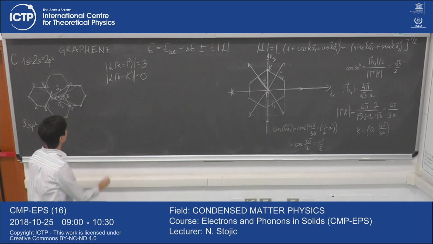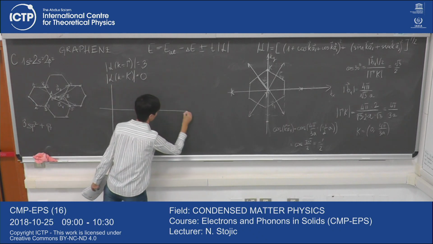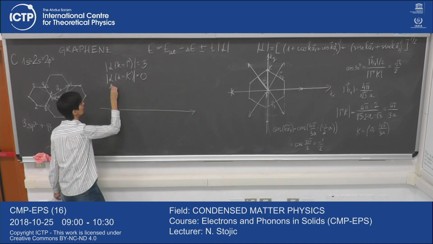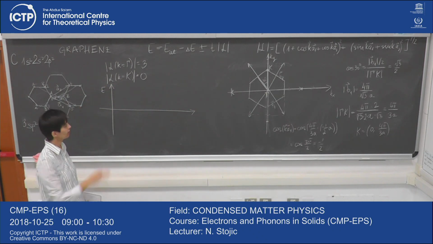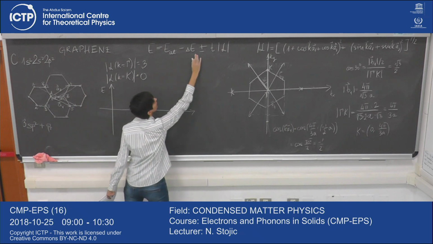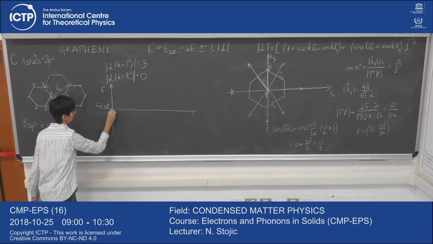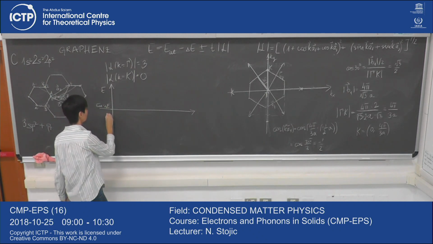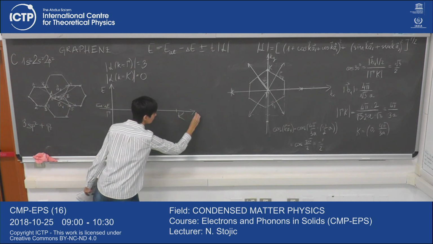Okay. Now let's see what we get when we draw it. Energy. I will center my coordinate system at this point. So this is E atomic minus delta P, this line. I'm going from gamma to K, the big K, and this is small k.